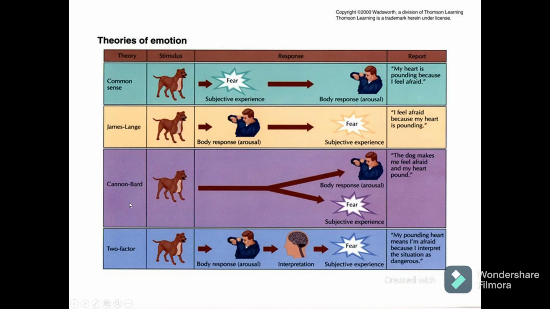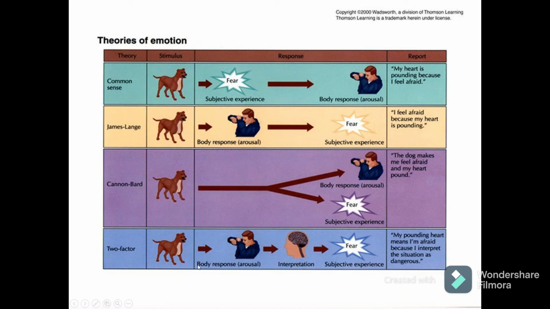Then we have the Cannon-Bard theory. It says that as the dog is coming toward you, you have the body response, arousal, and the subjective experience at almost the same time. And now you report that the dog makes me feel afraid and my heart pounds. There's another theory, the two-factor theory.